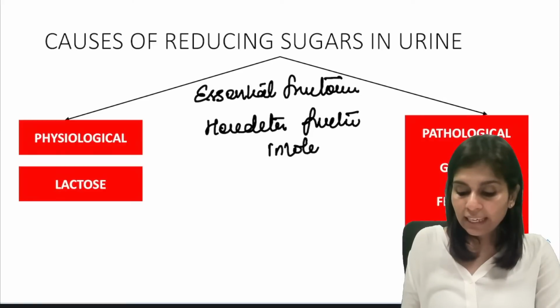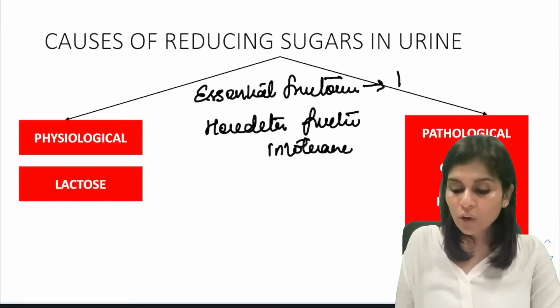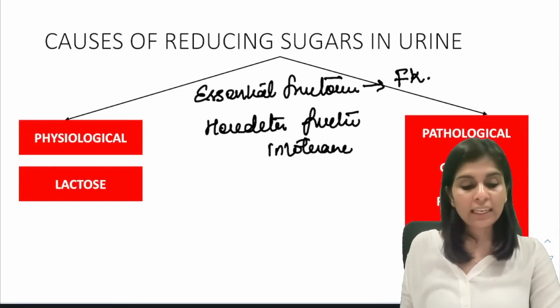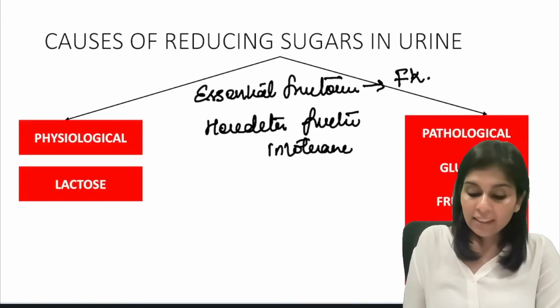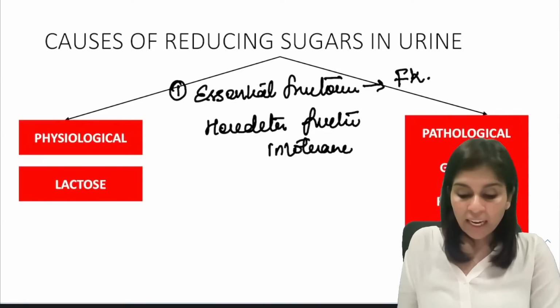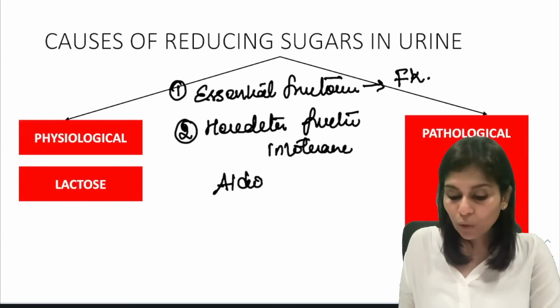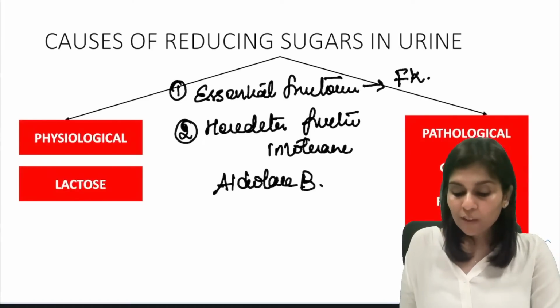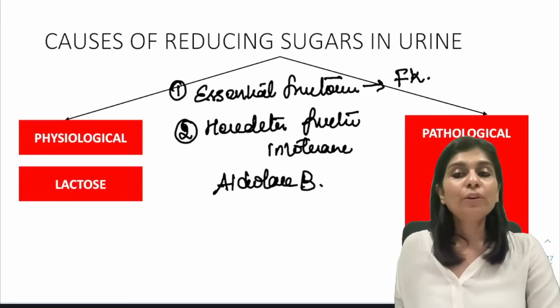All of you please memorize all the facts as and when I tell you. Essential fructosuria is caused by the defect of fructokinase enzyme. Hereditary fructose intolerance is caused by the defect of aldolase B. In both the conditions, fructose will be found in urine.